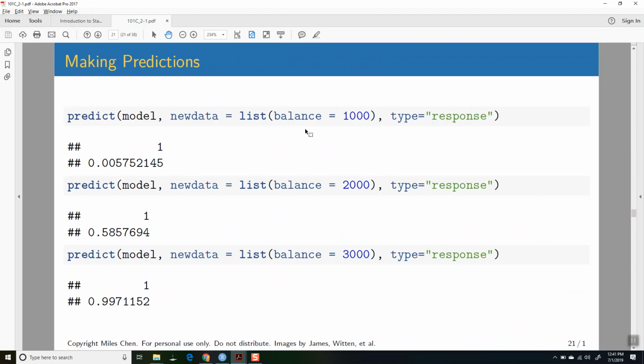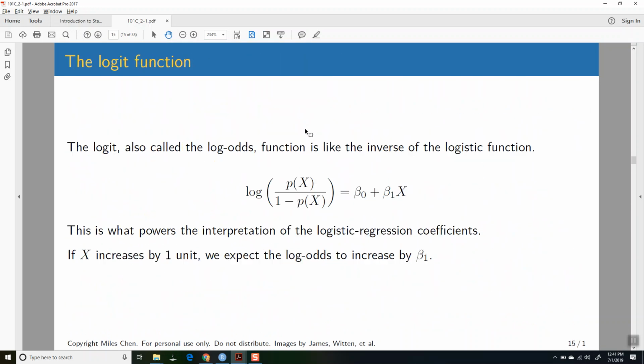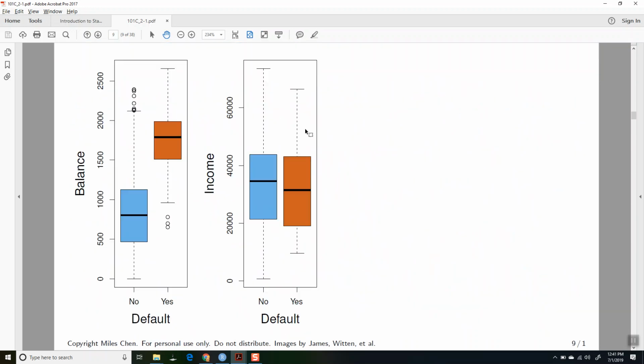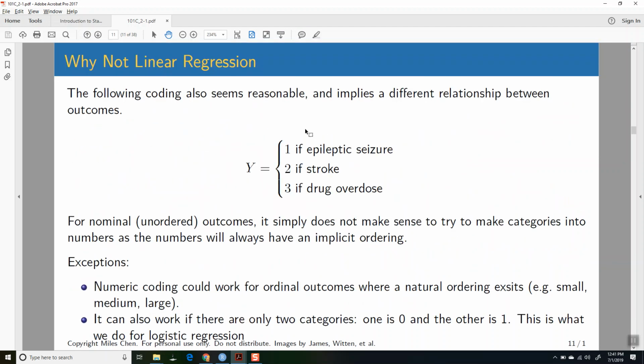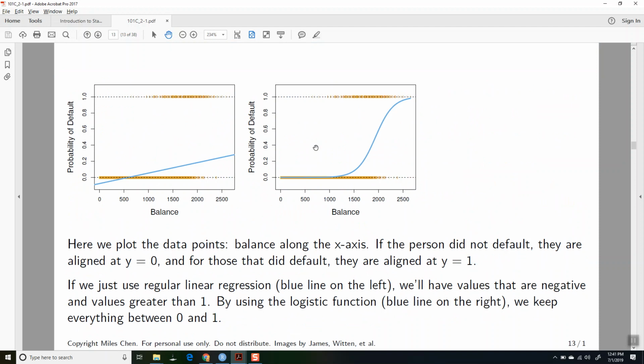Sorry, I'm looking for my picture. Okay. So in this thing, nonlinear means, if you go from a balance of 0 to, let's say, $100, that basically changes your probability of default by nothing. It has no impact.